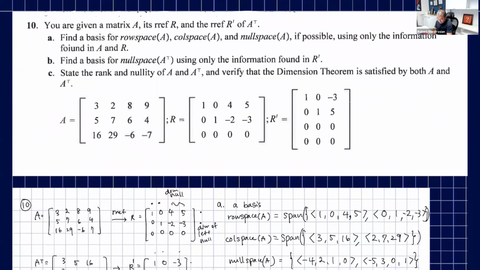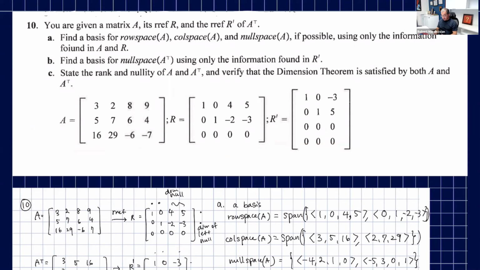Number 10, you're given a matrix A and the RREF, and you're given the RREF of A transpose. First of all, the transpose of a matrix is when you interchange the columns and the rows. So you have A, the RREF of A, and the RREF of the transpose.